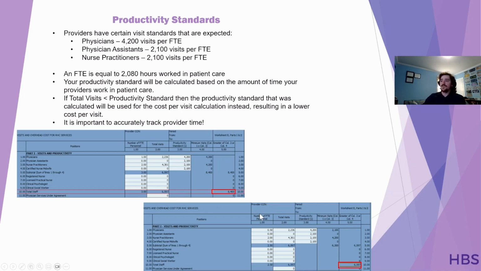Now, in this same situation, if we're tracking our provider time and we know that our physicians spent half of their time doing administrative duties and only half of their time actually seeing patients, then we can plug in a 0.5 FTE for their patient care time, meaning that their minimum visits for productivity standard purposes is only 2,100.